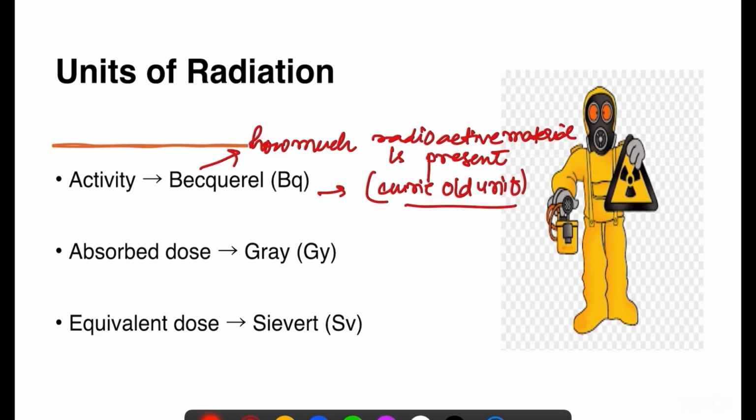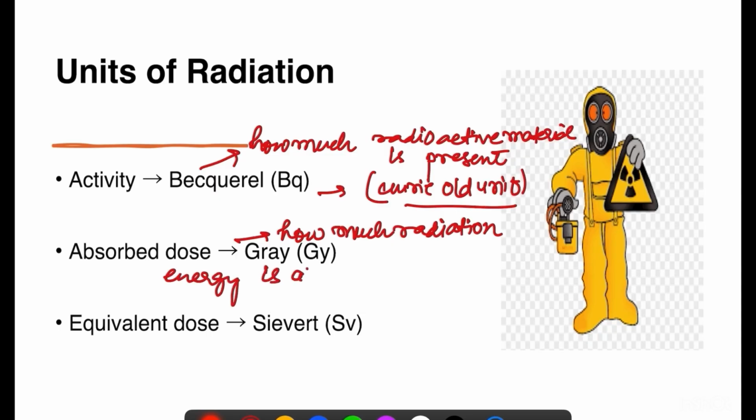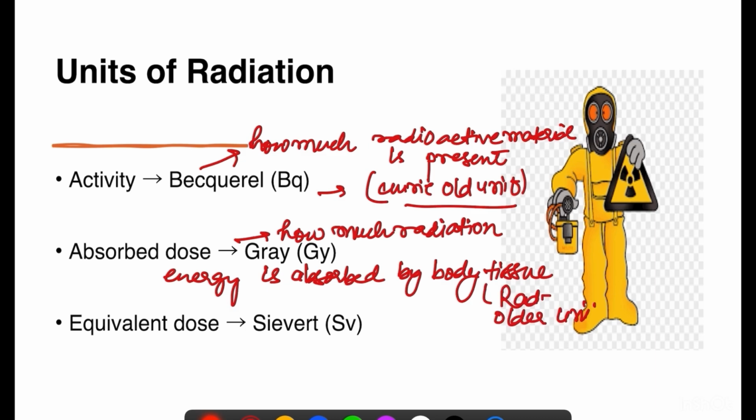The absorbed dose is measured by Gray, and that measures how much radiation energy is absorbed by body tissues. Earlier it was measured by Rad, which is an older unit.